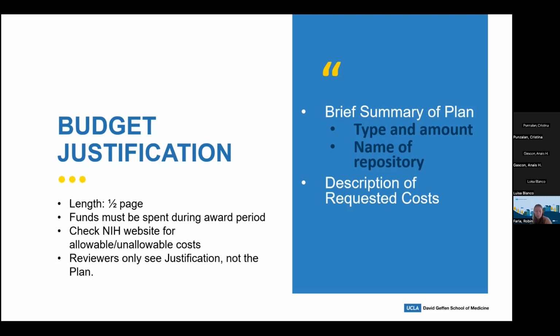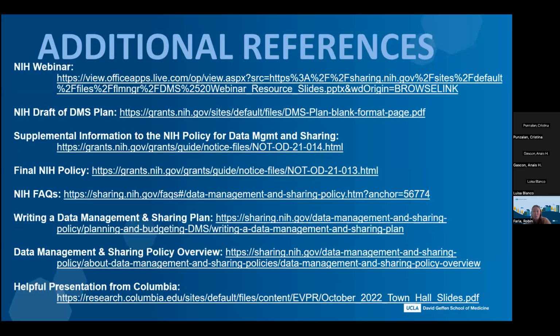So with all that being said, because this is a bit confusing and it's really new, the NIH has a bunch of resources. So I have a very busy slide here. Don't worry, I can send this out to you guys so you don't have to copy anything down. But these are the resources that I've found to be the most helpful in trying to figure out how to craft these plans. So the NIH did a great webinar that they recorded that you can access or just read their slides.